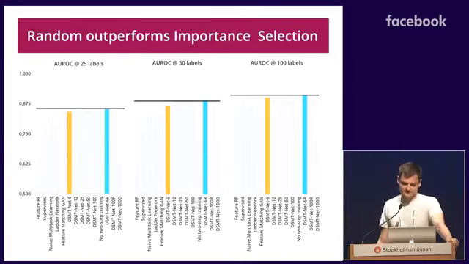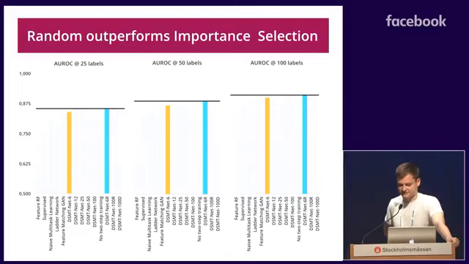Next, we also tried to find out which of these selection methods is the best. And as I told you, I evaluated random and importance-based selection. Importance-based is in orange here, and random selection is in blue. And we're comparing here the ones with 6, both of them using 6 auxiliary tasks. And we see quite clearly that at these 3 label levels, the one by random selection is actually outperforming the one by importance selection.